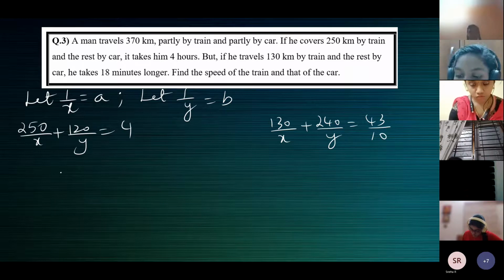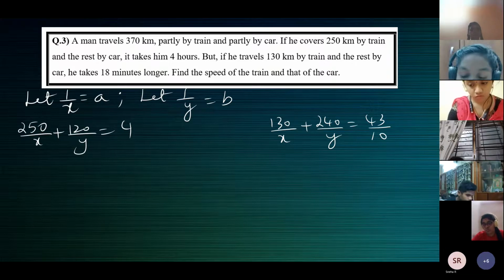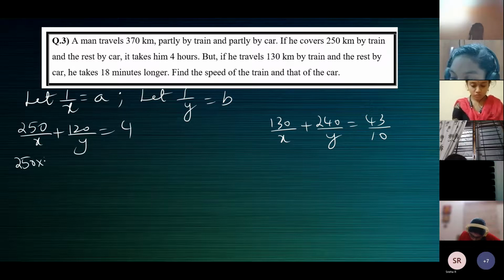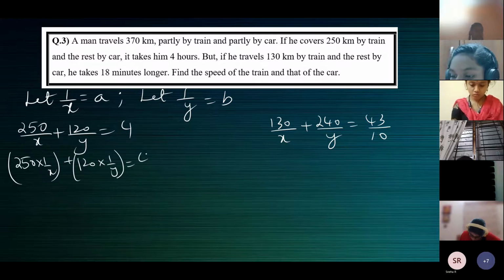Okay, so now you know 250 by x means 250 into 1 by x, and 1 by x is a, so 250a. 250 into 1 by x plus 120 into 1 by y is equal to 4.